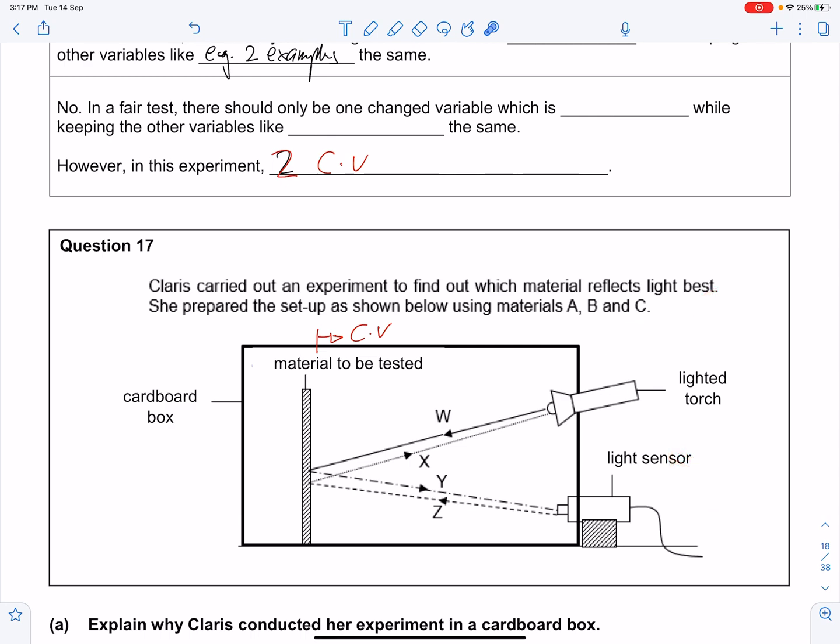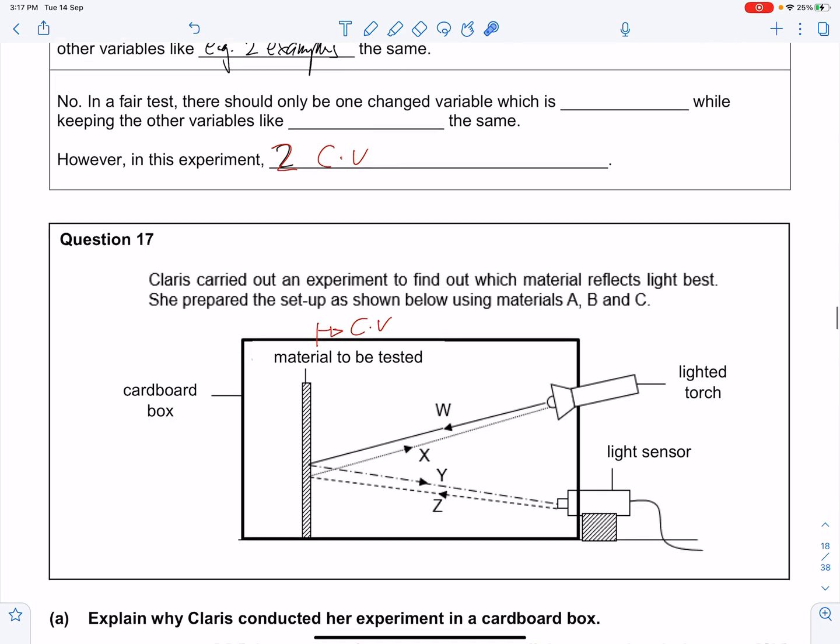Or if you conduct it in an outdoor area, you can have natural light coming from the sun. So because of that, it becomes an unfair test because your light sensor could detect light not just reflected from your lighted torch, but also from elsewhere.